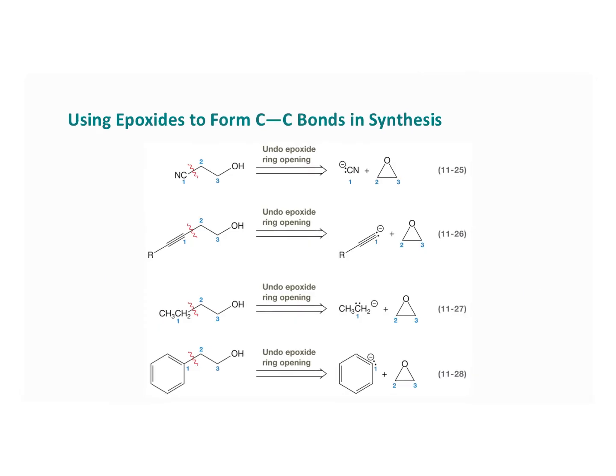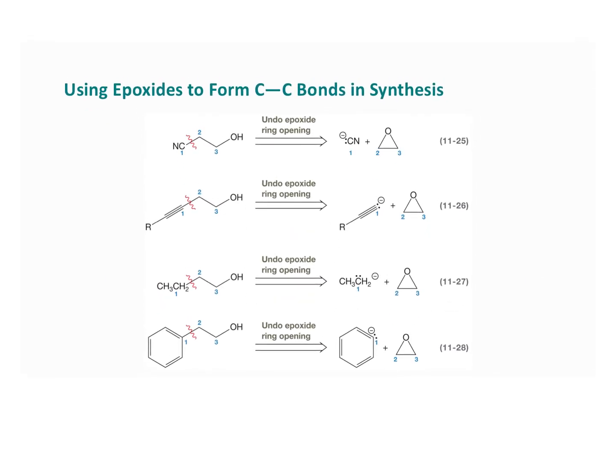As we've discussed all along in this chapter, carbon-carbon bond forming reactions are really valuable in organic synthesis. They help us make bigger molecules. And so to know whether one of these reactions should be considered for a synthesis, we need to recognize the feature that characterizes each of the products, which is the bonding arrangement of the form here, where it's carbons 1, 2, 3, and then you can see the OH group there.